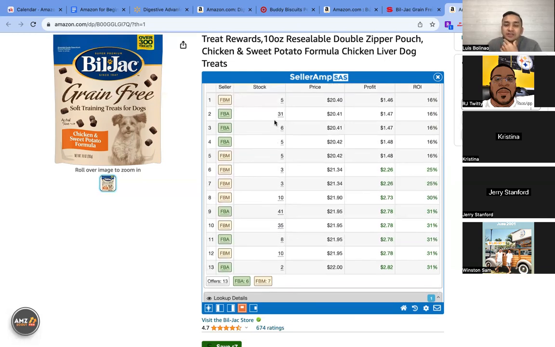The main rule is that the buy box usually goes to the cheapest price. Does that make sense? For this instance, they're all pretty close as far as pricing, so I don't really know how the share is going to go. I'm just going to assume I'll be sharing the sales with all these people, up to this point right here.